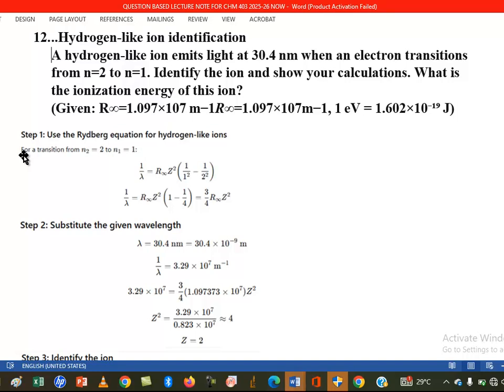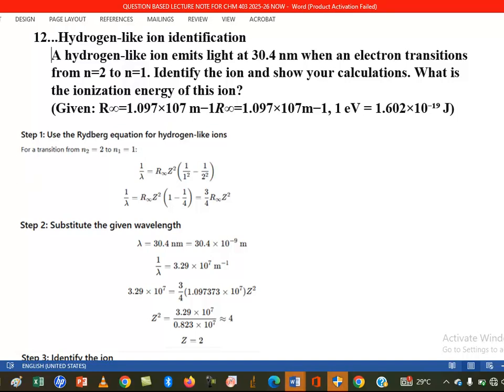Identify the ion and show your calculations. What is the ionization energy of this ion? So first, identify, then second, ionization energy.